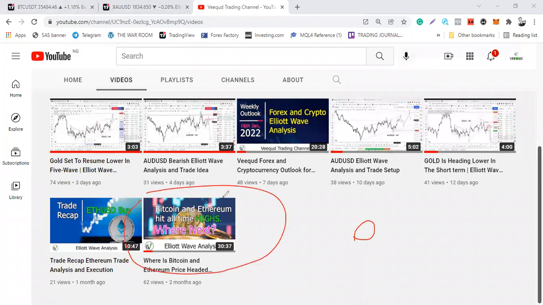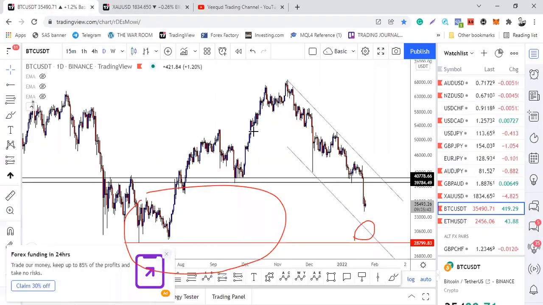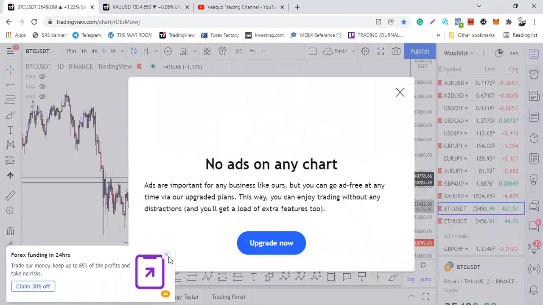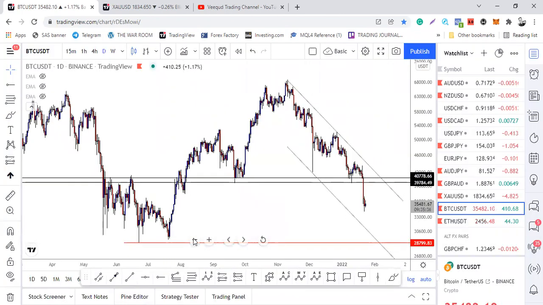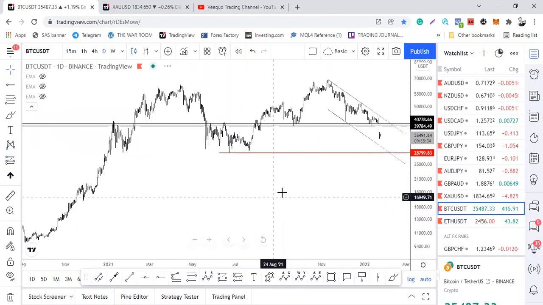In this video, I go into details and analyze Bitcoin and Ethereum, the next move, and what is to be expected in the month ahead. And the market's actually playing out as expected. But let's take a look at what's going on the daily chart, the larger time frame perspective. So this is Bitcoin.